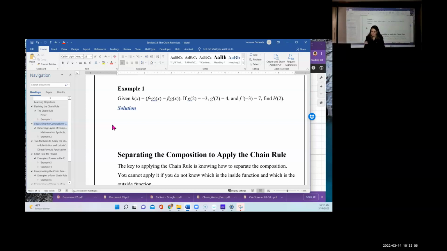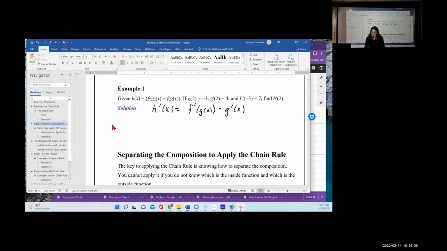First, we're going to write down the rule for h prime of x. h prime of x is equal to f prime of g of x, times, with a dot for multiplication, not circle notation, g prime of x.